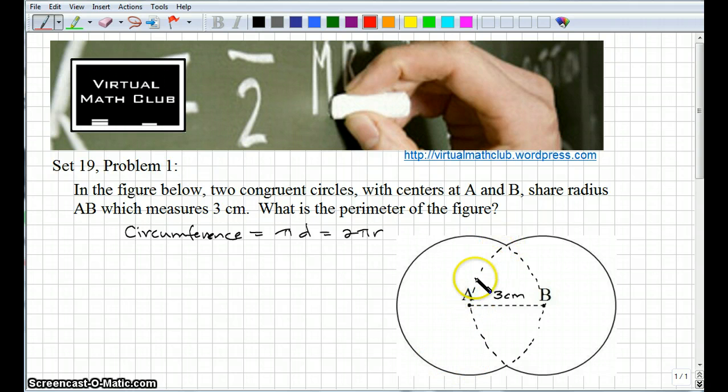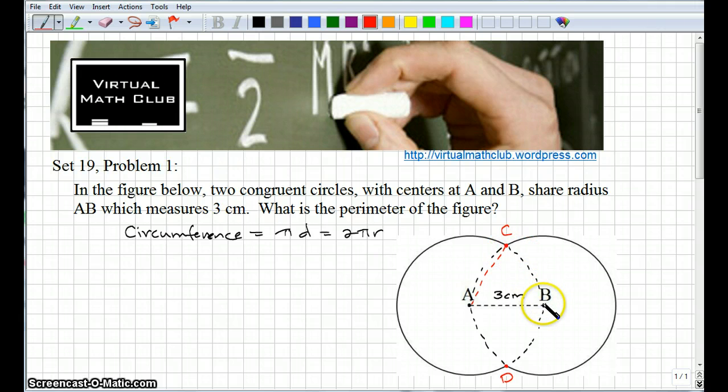So if I draw a line here from A, let's call this point C, and this point up here D. I can draw a radius from the center A out to this point C, where the two circles intersect, and that's also a radius of A. I'm going to draw that in, try to make it reasonably straight.